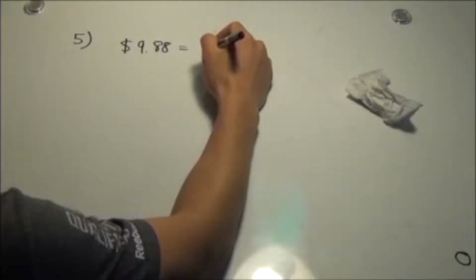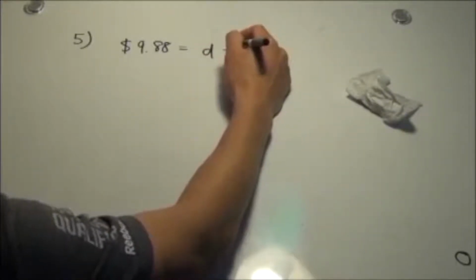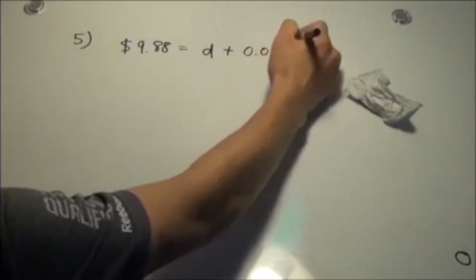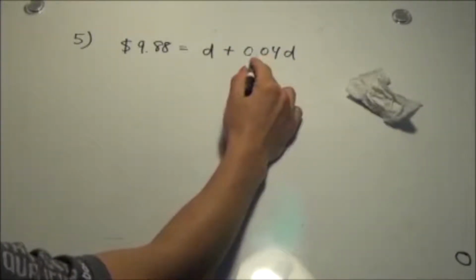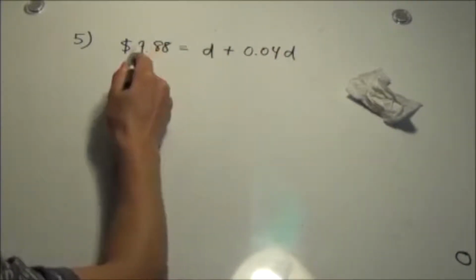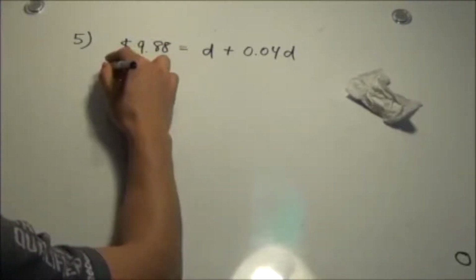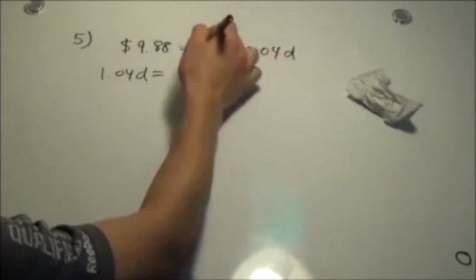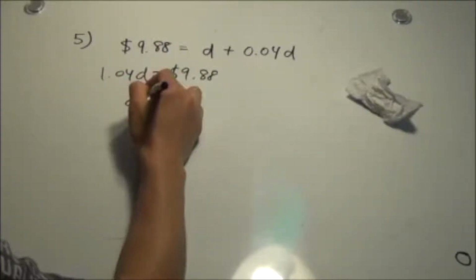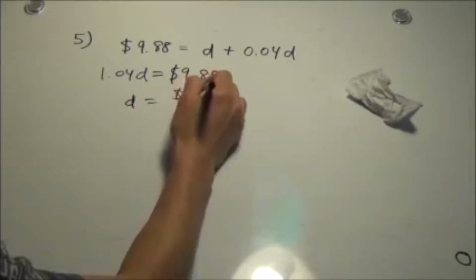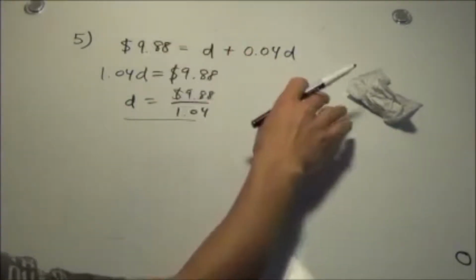However much she purchased in India, converted to dollars, we'll have to add a 0.04 fee to that, because that's how much the bank charges. And we know that in total the bank charged $9.88. Therefore, we can solve for D. So 1.04D, adding those two up, is $9.88. Therefore, D is 9.88 over 1.04, and I'll leave that to the end to actually solve.